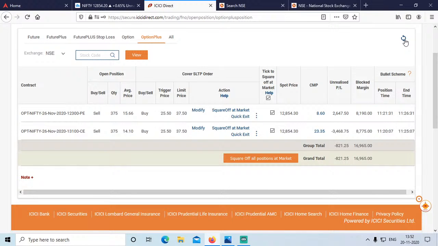From the morning we were in profit, but now we are in loss, almost 990 rupees, so 1000 rupees loss.